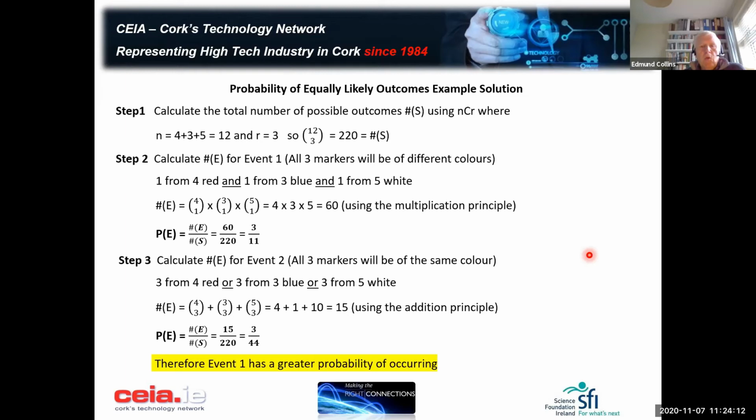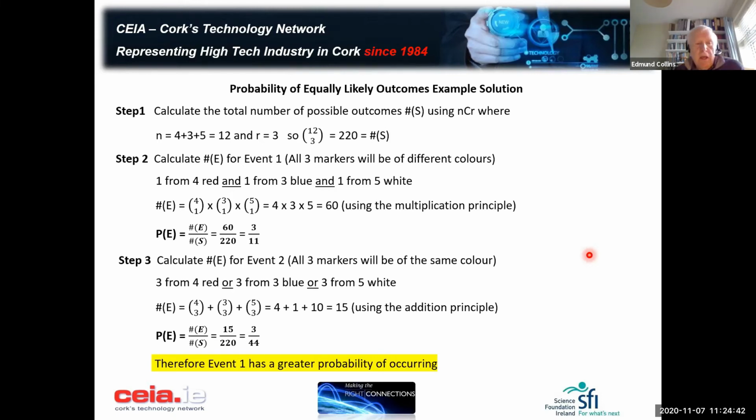So again, we're going to calculate the nCr for each of these different options. So it's 4C1 multiplied by 3C1 multiplied by 5C1. So 4 by 3 by 5, and that gives us a total of 60. The number of possible events there is 60 using the multiplication principle.